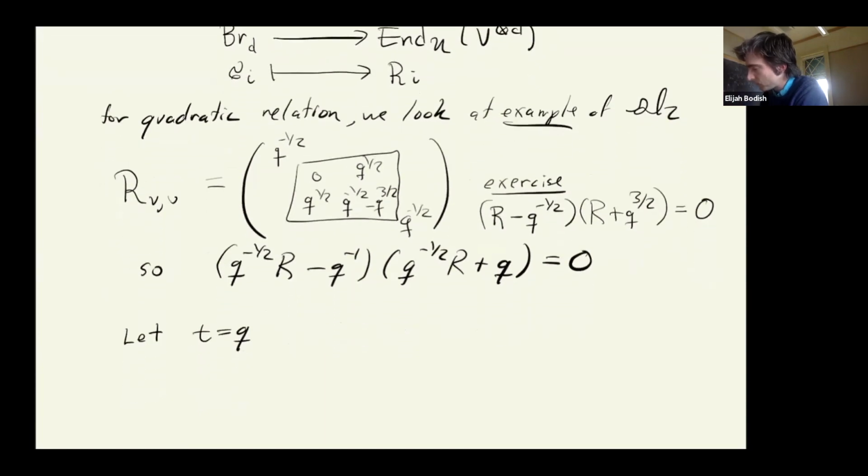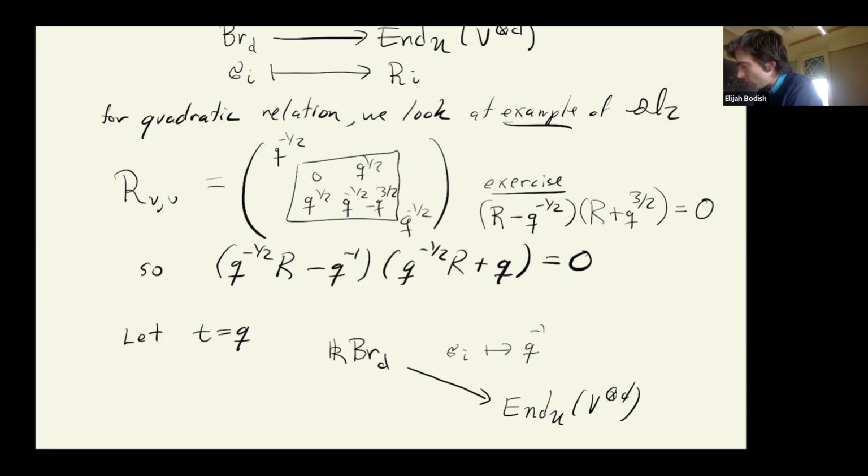I have the group algebra of the braid group over my field K. This still has a map to End_U of V tensor D, but it's just slightly different. Now sigma_i is going to q^(-1/2) R. This definitely quotients, just by definition, onto K tensor the Hecke algebra H_T. So this is the specialization of T to Q that I had in mind above.